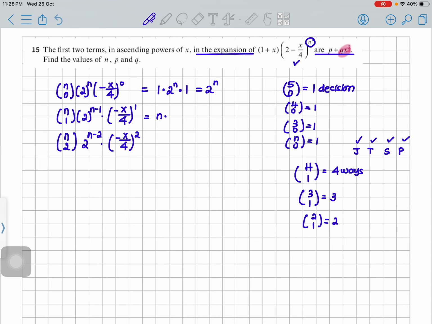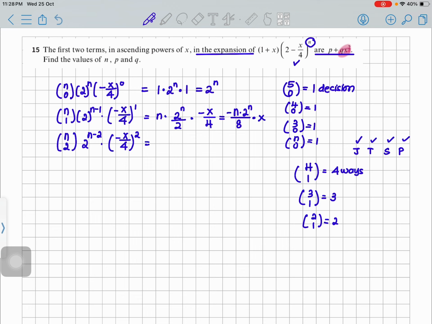Now the next one, I can write it as 2 to the power of n over 2 because it's just an index law, times negative x over 4. Let's make this into a better format, and I want to write this as n times 2 power n over 8, and I have a negative, where I write my variable at the back, the x at the back.